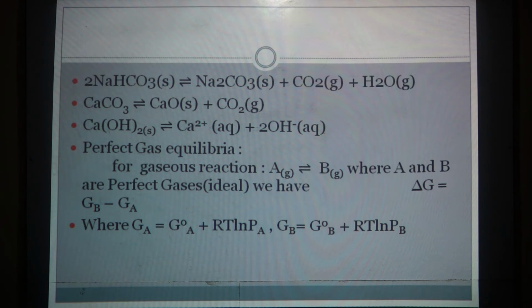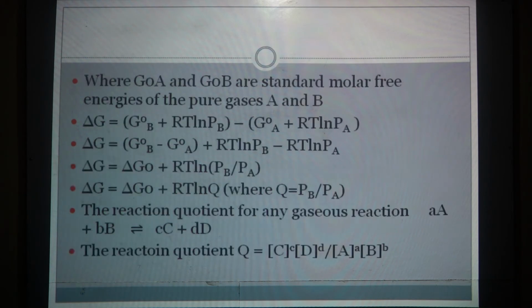We have the Gibbs free energy change, where GA is equal to G0A plus RT ln Pa, and GB is equal to G0B plus RT ln Pb, where G0A and G0B are standard molar free energies of the pure gases A and B.